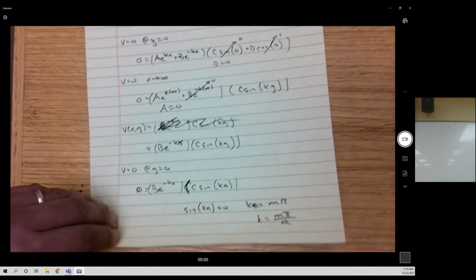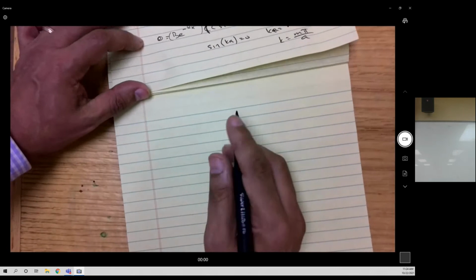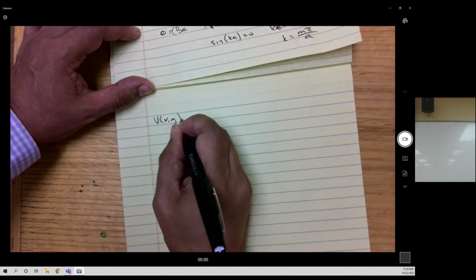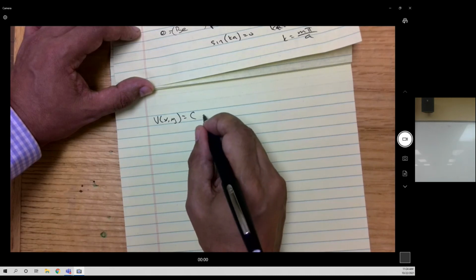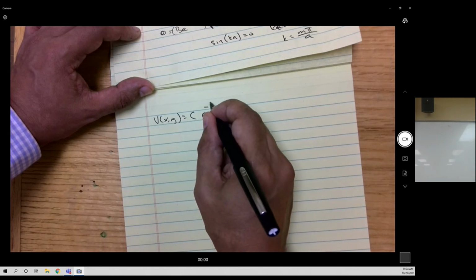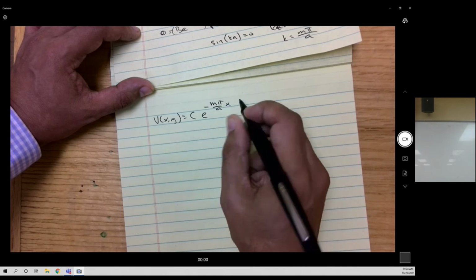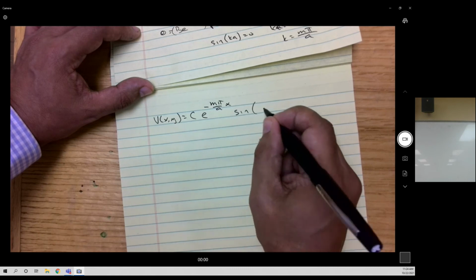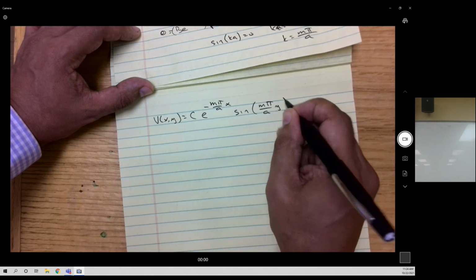Okay, so now we can rewrite that. V of x, y is going to be C e to the minus m pi over a x, sine of m pi over a y.